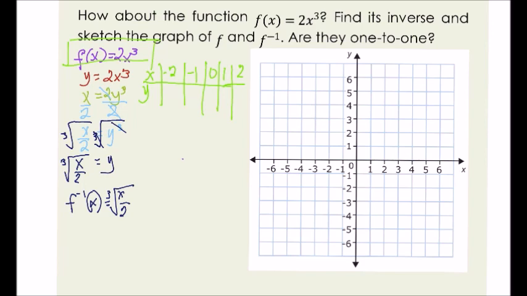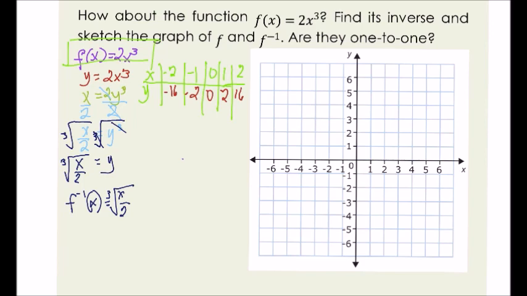Negative 2 raised to 3 is negative 8 times 2, we get negative 16. Negative 1 raised to 3 is negative 1 times 2, we get negative 2. 0 raised to 3 is 0 times 2 is 0. 1 raised to 3 is 1 times 2, you get 2. And 2 raised to 3 is 8 times 2, you get 16.